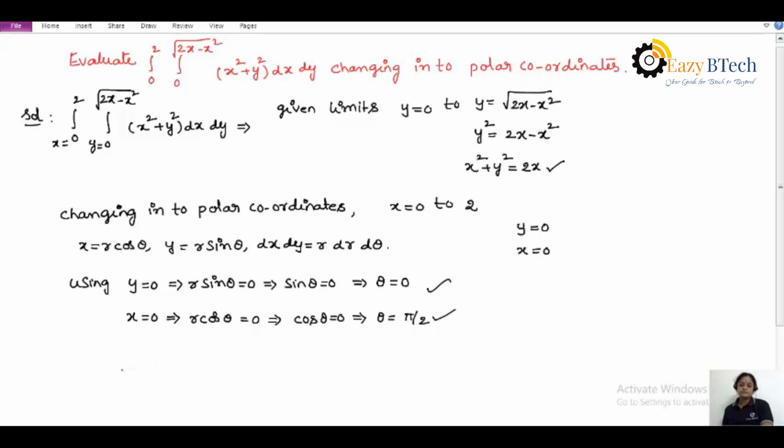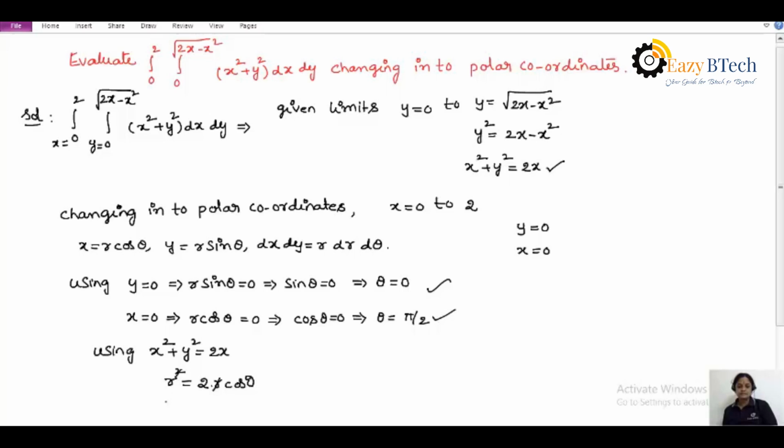Then how to find out the r limits here? Using x square plus y square is equal to 2x. In general we know that x square plus y square is equal to r square here, and 2 into x, where x value is r cos theta.